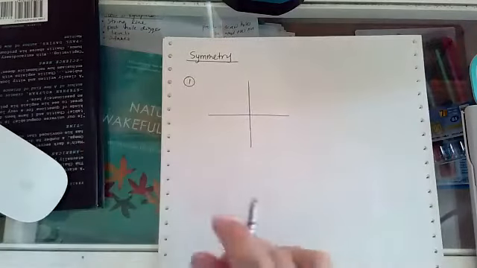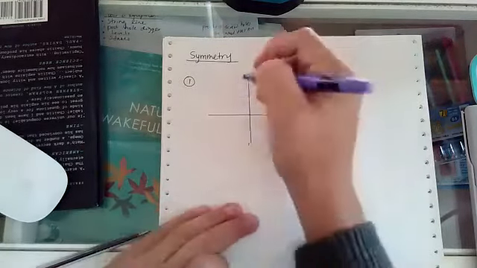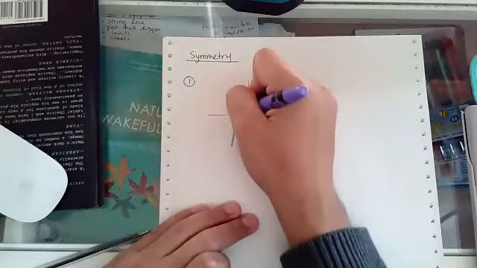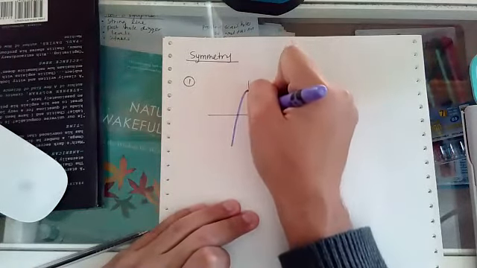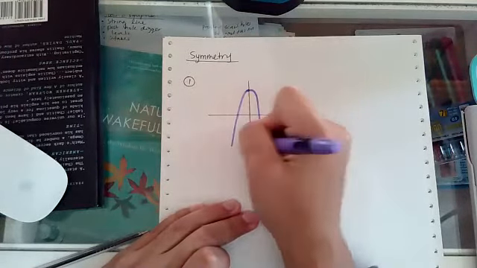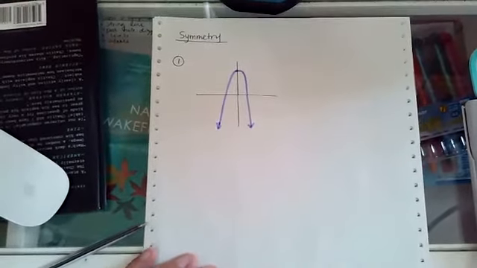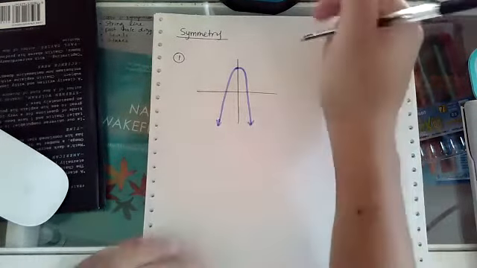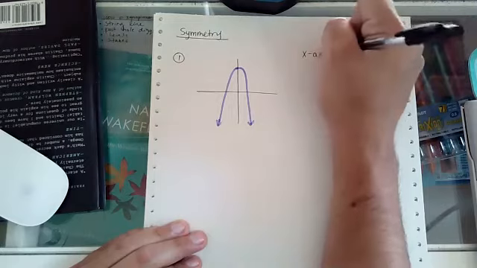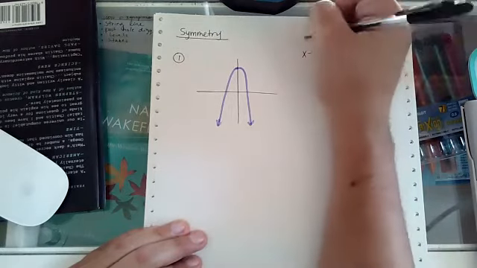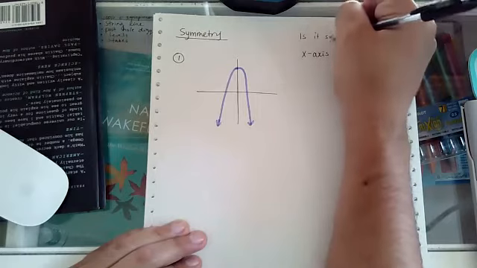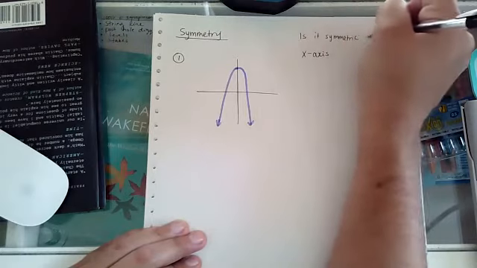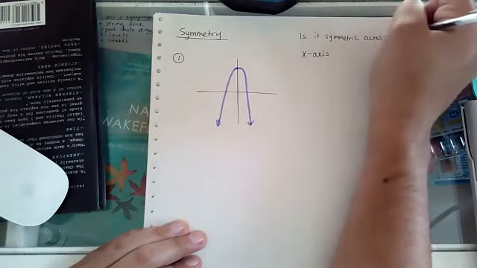So symmetry. Here's my graph. And excuse me, I'm not an artist. This isn't a perfect shape, but if I asked you, is this symmetric about the x-axis, or across the x-axis?